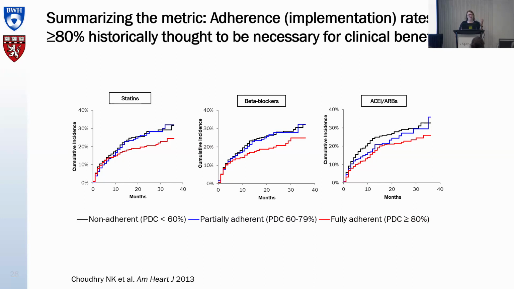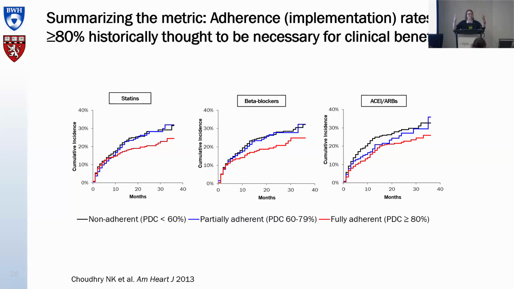I work in a space that's more cardiometabolic, the examples I've been giving. Historically, a lot of the work relating good adherence to clinical outcomes comes from the cardiometabolic space. And historically, we've thought that about 80% adherent is ideal. So at least 80%, which feels lower to me than what I think it should be.